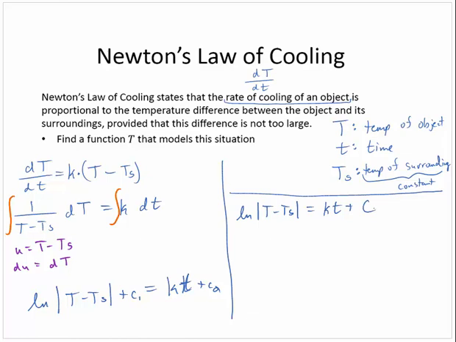I rewrite this in exponential form. So T minus T sub S is equal to e to the kt plus C. And remember, I can just write that as a more general constant times e to the kt. So I'll write this as A e to the kt.